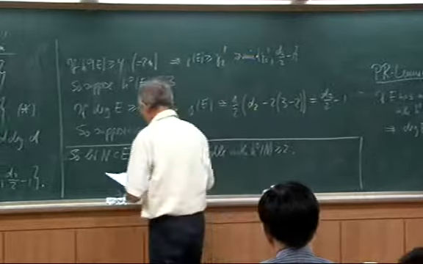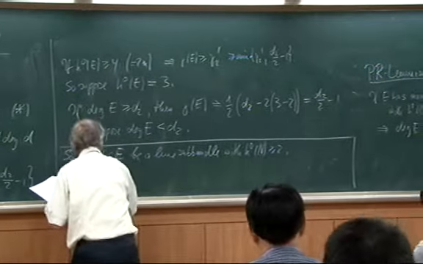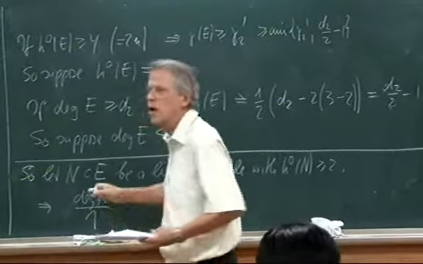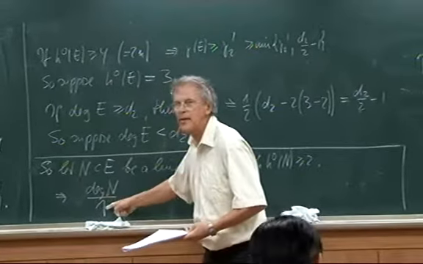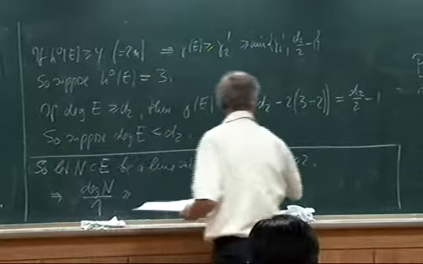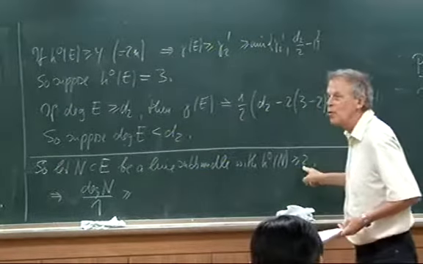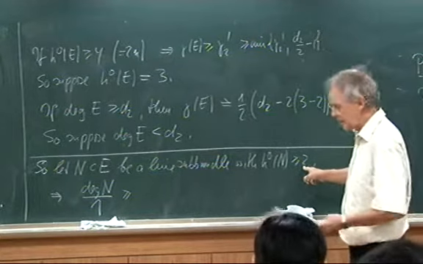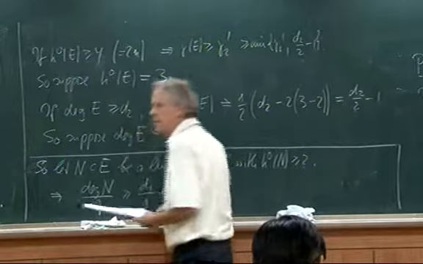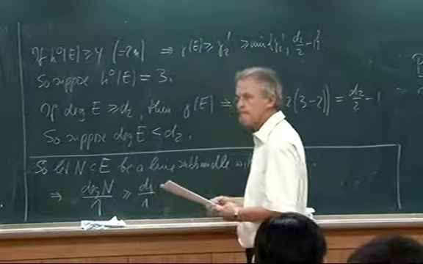Okay? Then we have degree n over 1, the slope of n, I mean, is the degree by the rank, and the rank is 1. And this is, of course, now, since h0 of n is greater or equal to 2, greater or equal to d1 over 1, by definition of d1, okay?